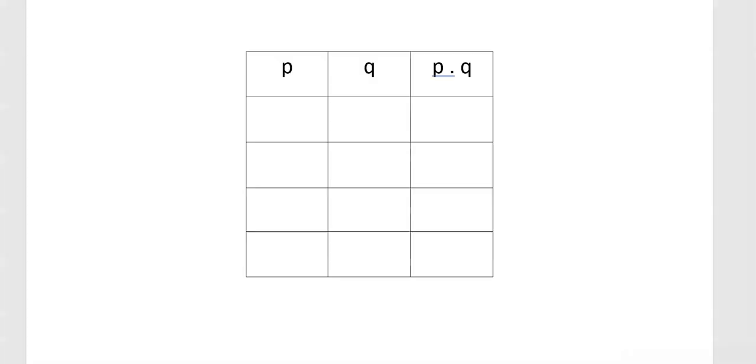So what I think I should first do is remind you how the truth table is constructed for a conjunction and disjunction. For the sake of simplicity, I will consider only the simplest form of conjunction as well as disjunction. Look at this table.